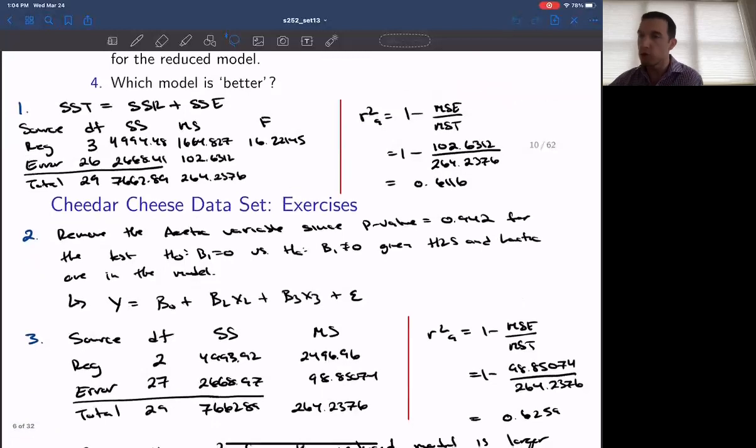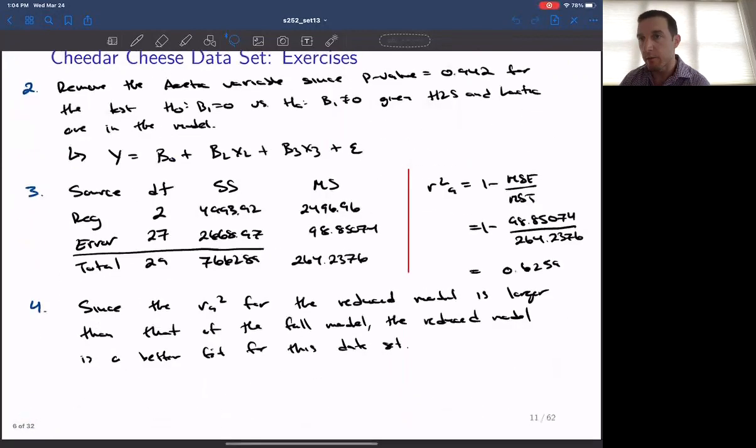So here we had 2 models. In exercise 1, we had a model with 3 explanatory variables. We summarized the information in an ANOVA table and computed the adjusted R-squared. Then we knocked out one of the variables.